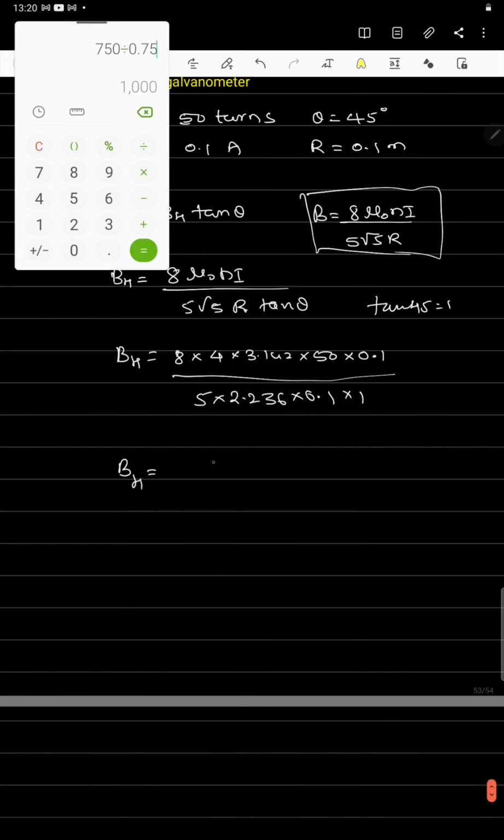After calculation you will get the value 4.4966 into 10 to the power of minus 6 Tesla.